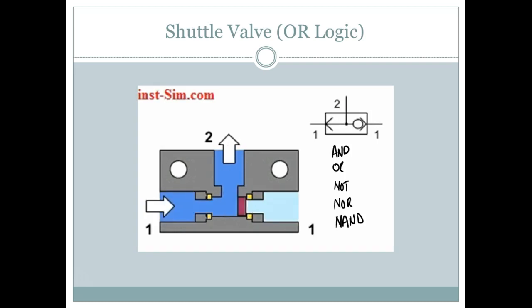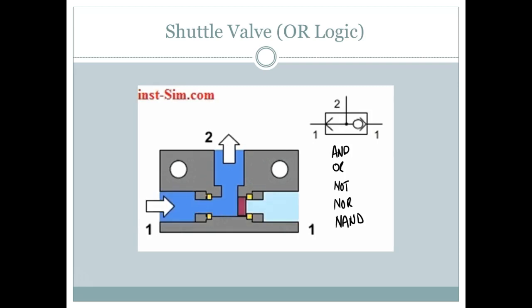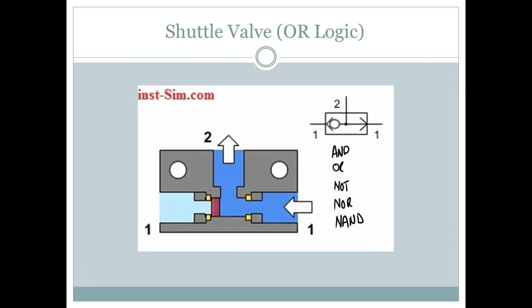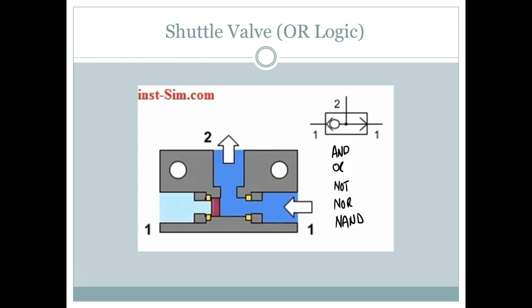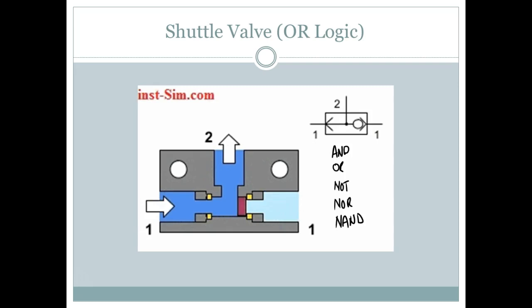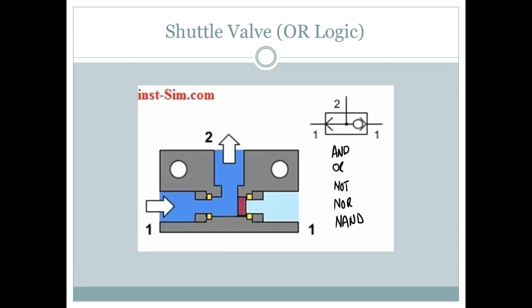What we use is any. So in digital we teach any. For OR we say any. If pressure is on any port, we would have pressure on the output. The only way I'd get pressure off is if there was no input, right? And this would do what we call OR logic. How would we make it do NOR logic?